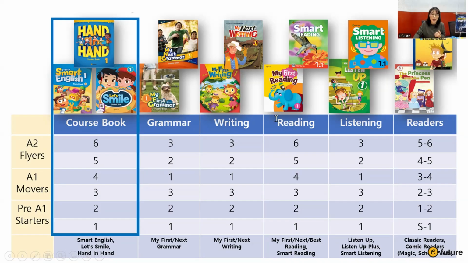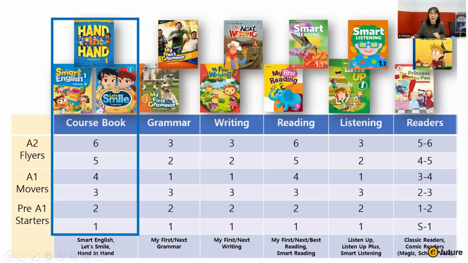If you want to do some grammar practice together with your main course book, and if you only teach one class, then you can divide the class time. Like maybe 30 minutes course book and 20 minutes grammar. I'm just giving you examples, right? If you are teaching 2 classes per week, you can just use the main course book. That's okay because the main course book has all 4 skills, speaking, listening, reading, and writing, right?